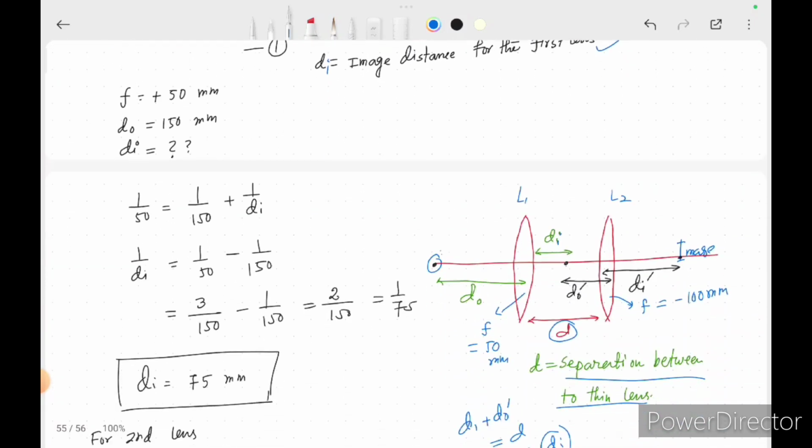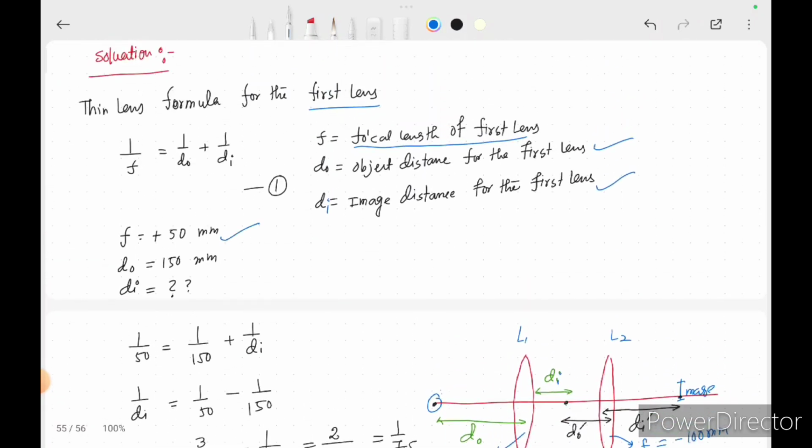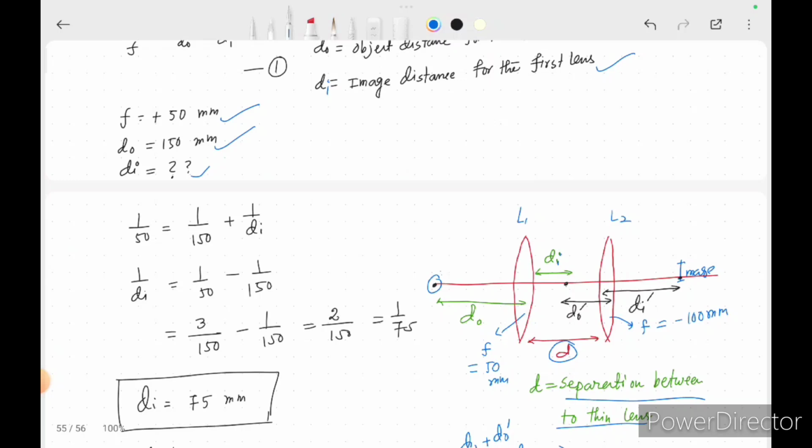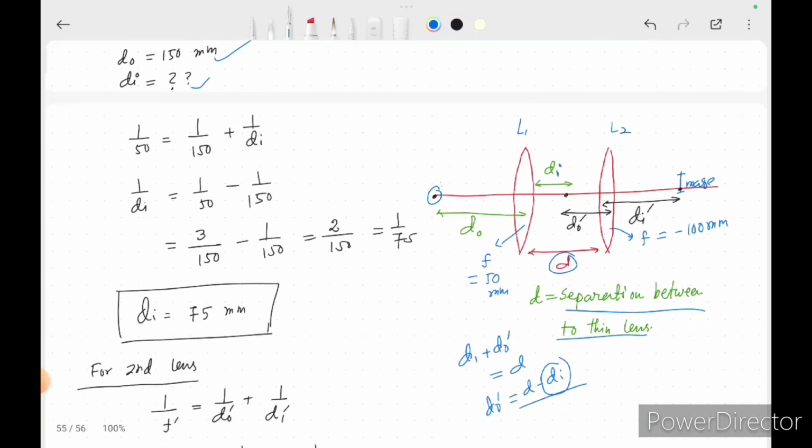Here f equals plus 50 millimeter and the object distance d_o equals 150 millimeter, and we first calculate the image distance formed by the first lens. Substituting all the values, we get the image distance of the first lens equal to 75 millimeter.